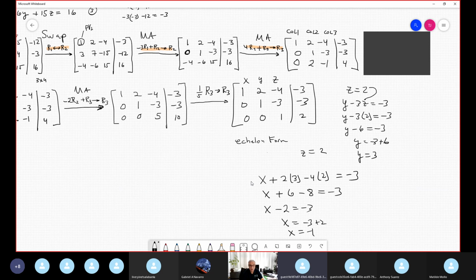And the solution for this system is negative 1, 3, 2.